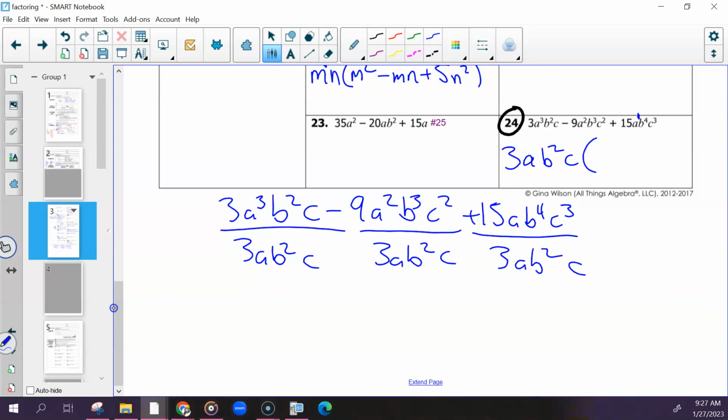Say it again. A squared, yes. B's, C's, 3, for example. You're missing something. -3 or -3, A and B and C, because one of them goes away.